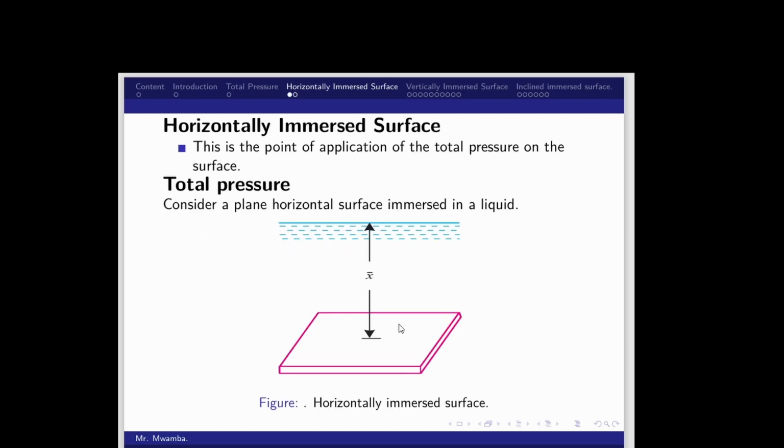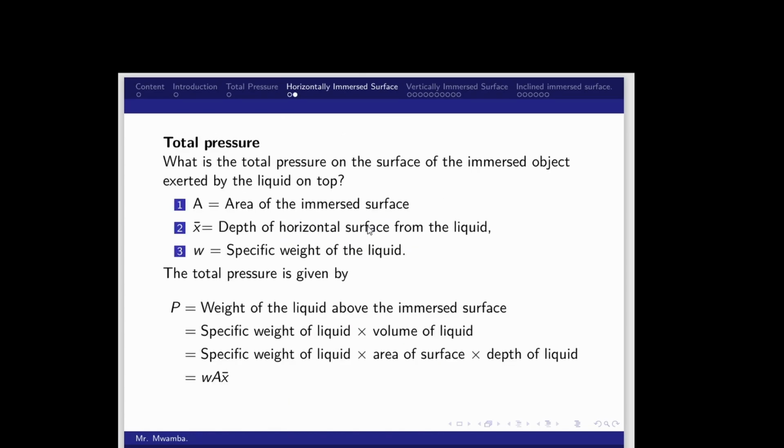This height is from the surface of the immersed object to the surface of the liquid. That is how you find the total pressure exerted by a liquid on top of the surface.